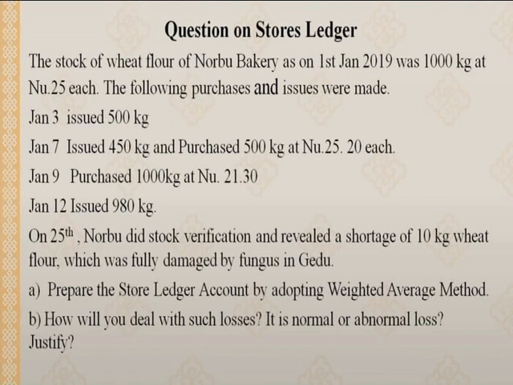So anyway, I'll just give you the idea about the losses. As I told you, we have two kinds, normal loss and abnormal loss. First we have normal loss. Normal losses are those losses which are unavoidable. We cannot prevent them with any effort. Such losses are inherent and happen due to the nature of the product.